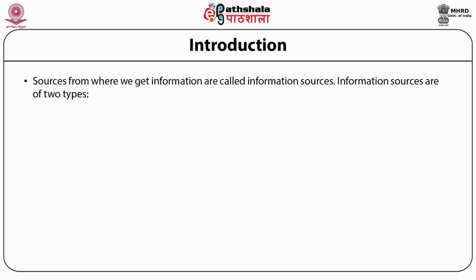The sources from where we get information are called information sources, and these comprise documents, humans, institutions, as well as mass media like radio, television, and internet. Information sources are significant for information organizations and information users. Information sources are of two types: documentary sources and non-documentary sources.